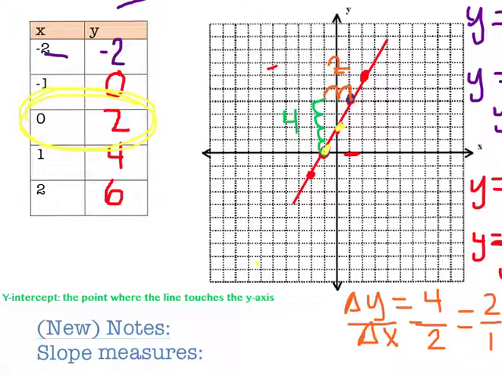So here's where my y-axis is. And here is the point where that line touches, and in this case it crosses, the y-axis. So I would say that the y-intercept for this line is 2. Or sometimes you might see it written as the point 0, 2.